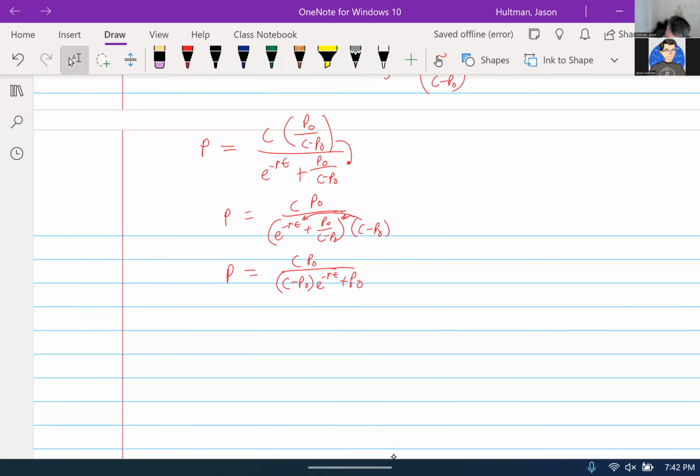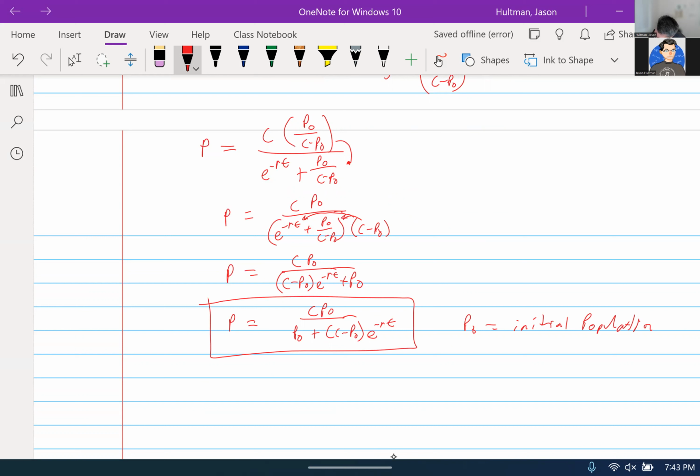I'm going to rewrite this: P is equal to C P naught over P naught plus C minus P naught e to the negative RT, where P naught is the initial population, and C is equal to B naught over D naught, which is the initial birth rate over the initial death rate.